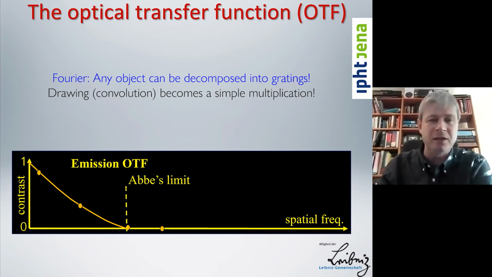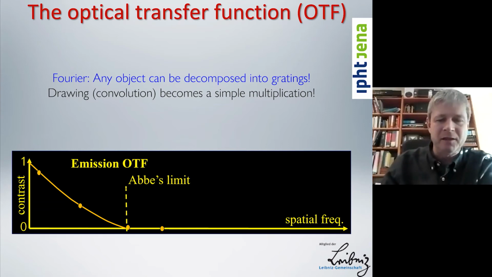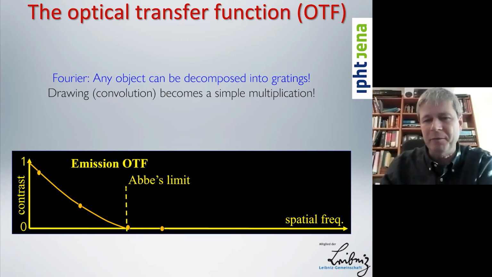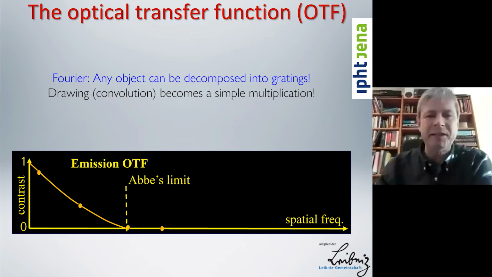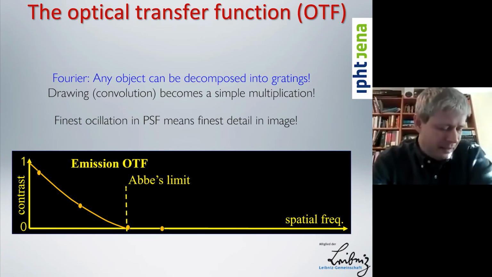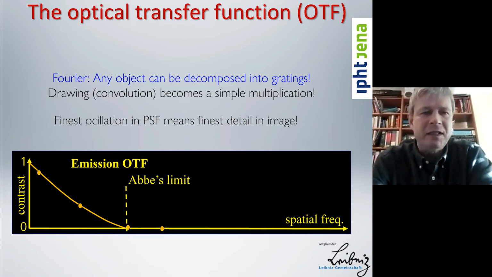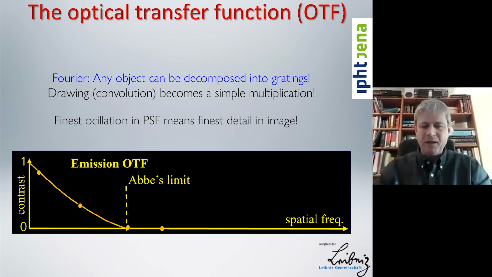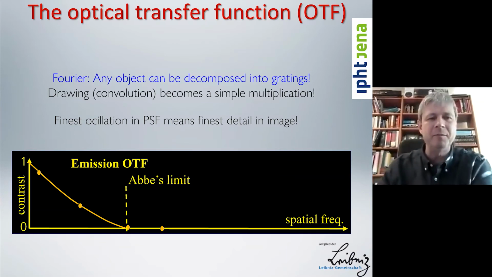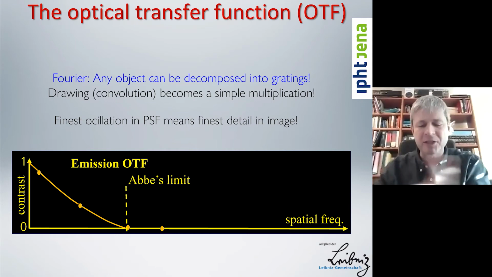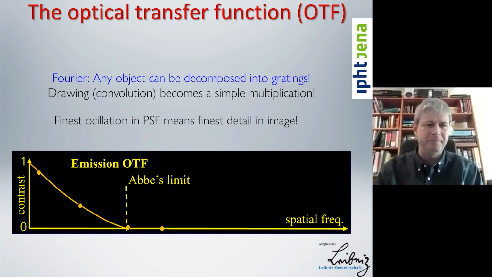So there's no chance to actually resolve that. So that's the big bonus of the upper limit, that it has a nice yes or no. You can decompose anything into periodic features, and therefore you can describe very simply from this upper limit what part of your image information makes it into your image plane.